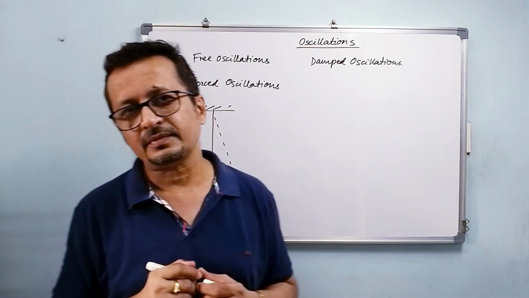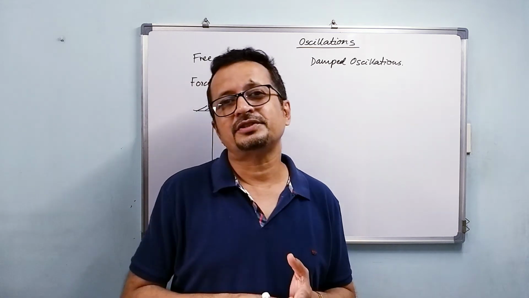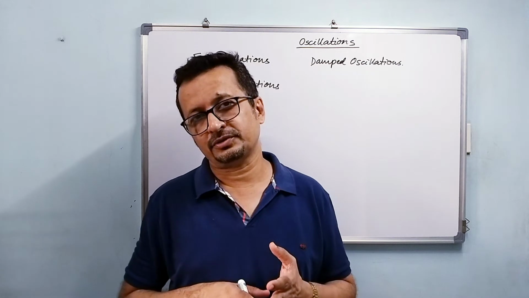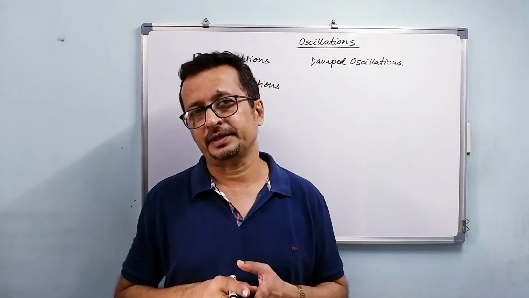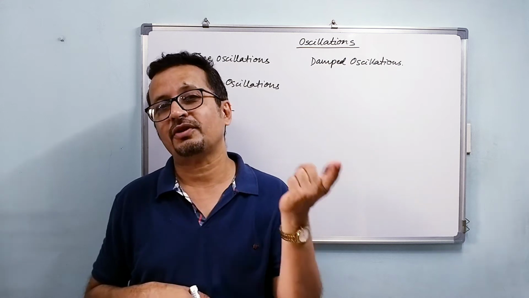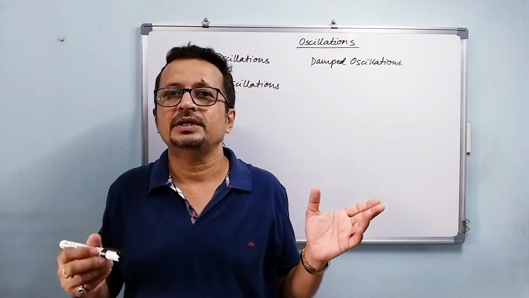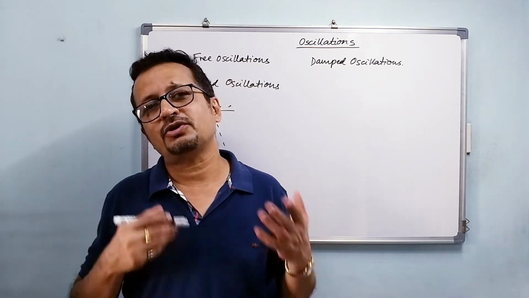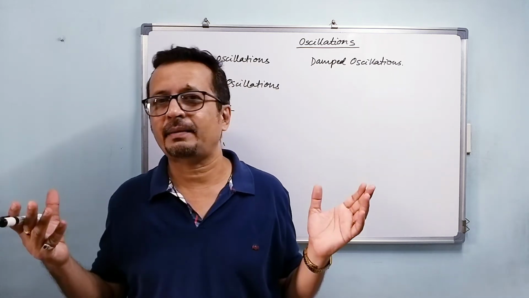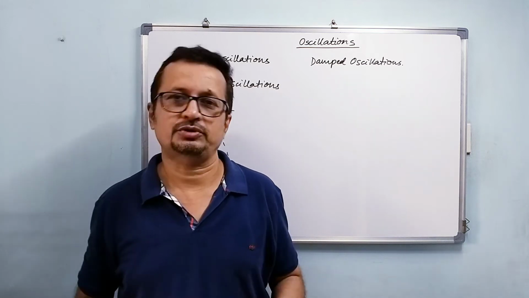Now when the frequency of an external periodic force acting on the vibrating body matches the natural frequency of vibration of that body, then the body starts oscillating with maximum amplitude, and that condition is called resonance.